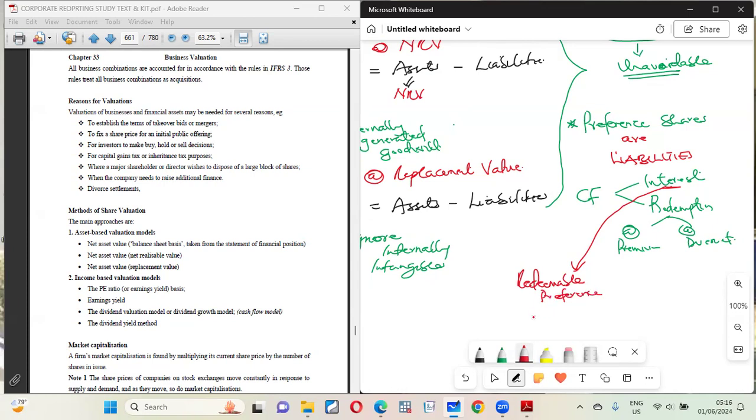It is supposed to be in the P&L as finance cost, as interest.